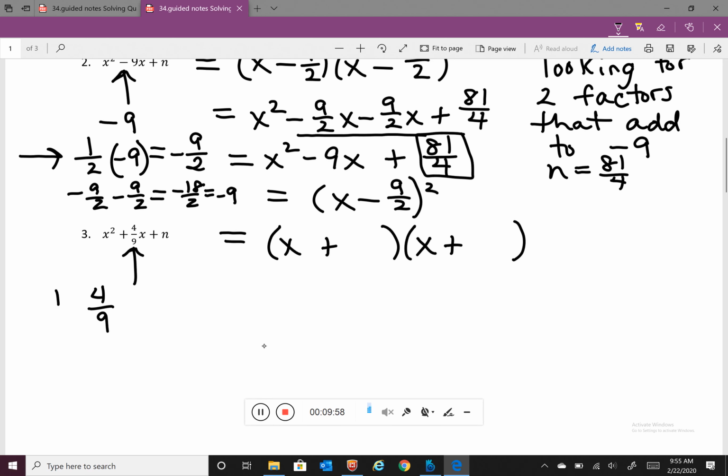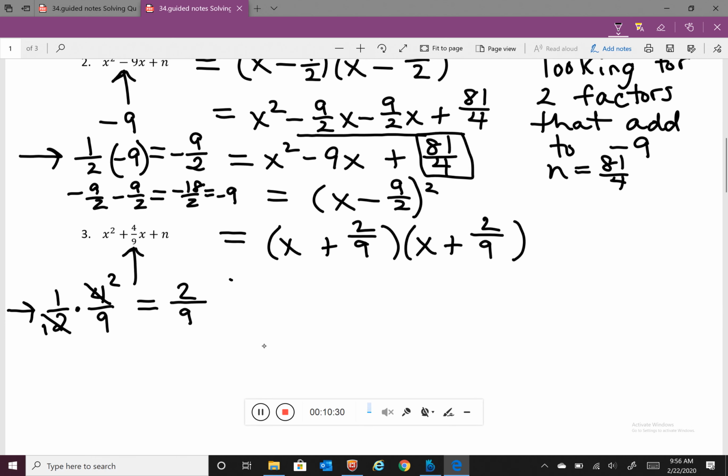And therefore, I need to take 1/2 of 4 over 9. Now notice we have a denominator of 2 but a numerator of 4, so that is going to cancel and give us 1 times 2 over 1 times 9, or 2/9. And so we now have that number to fill in our missing piece.